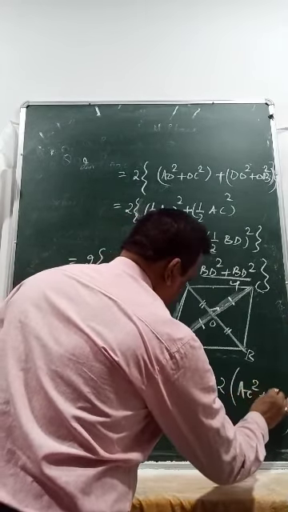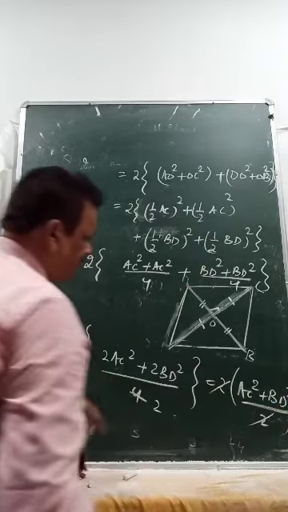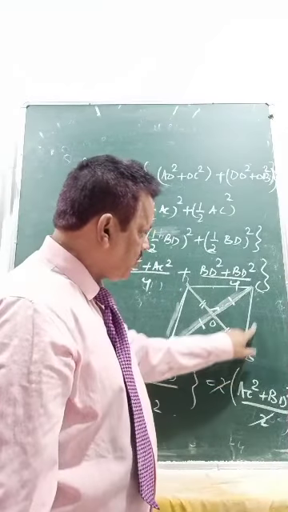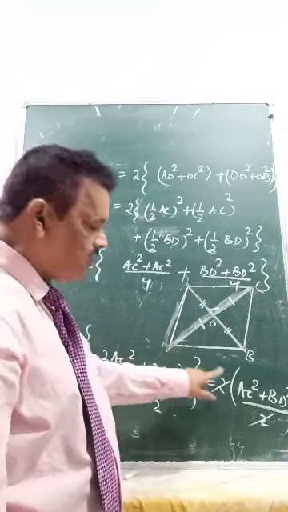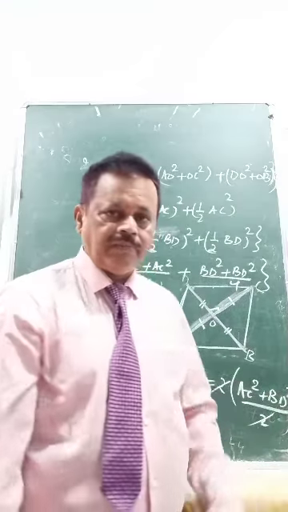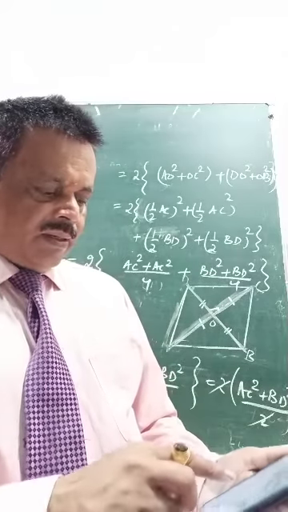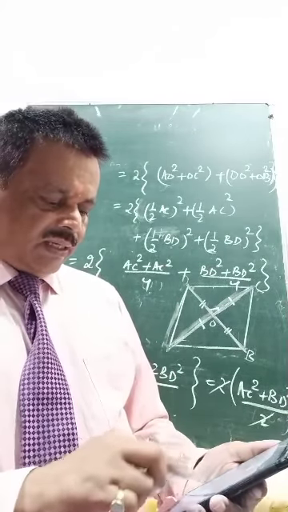AC square plus BD square by 2 cancelled, because you want to prove sum of the squares of sides equals sum of the squares of its diagonals. Proved. Okay. Then you see the next question is question number 8.